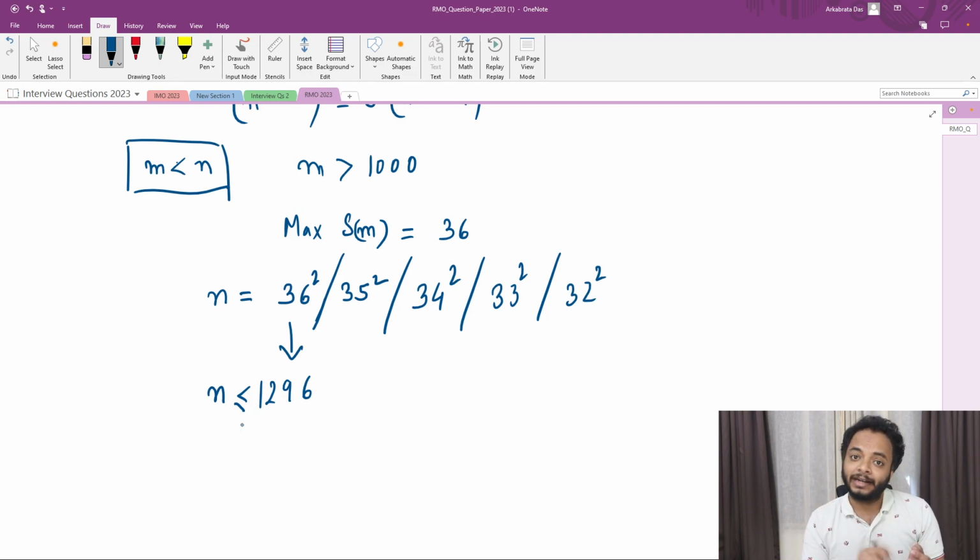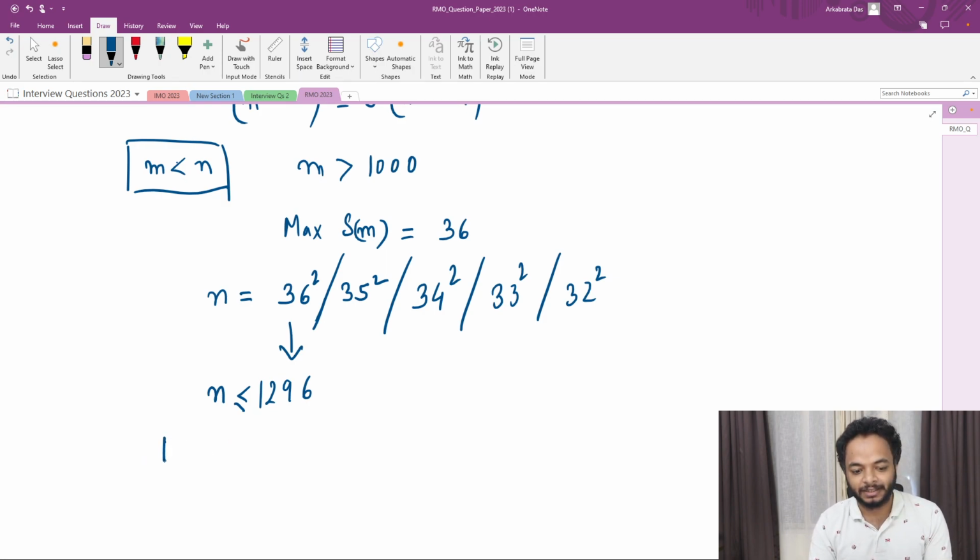Now I also know that to get m from n, how do I produce m? That is Sn square will be m. Now think what could be Sn in this situation.